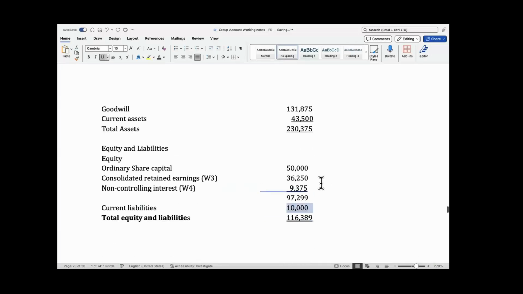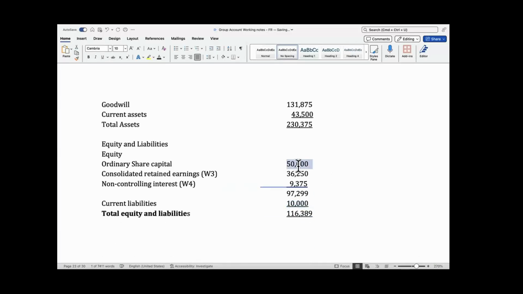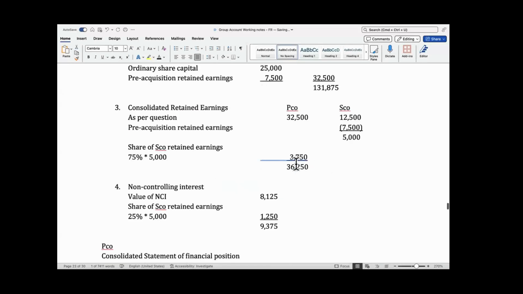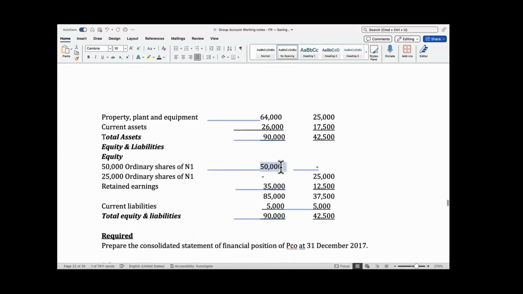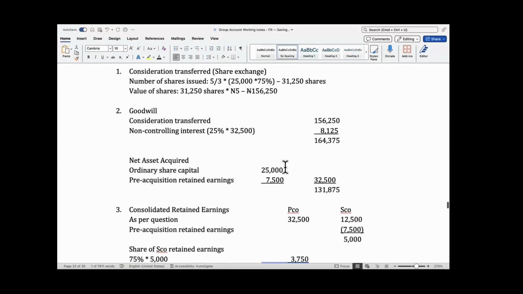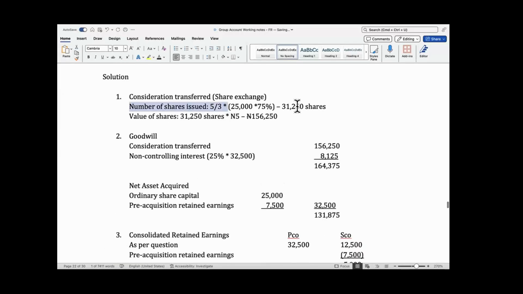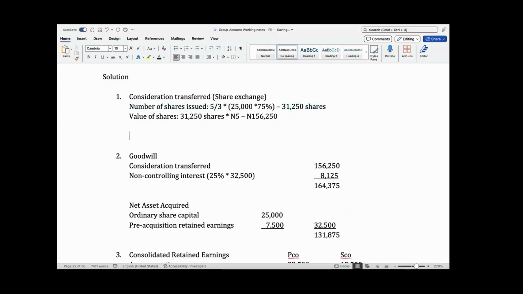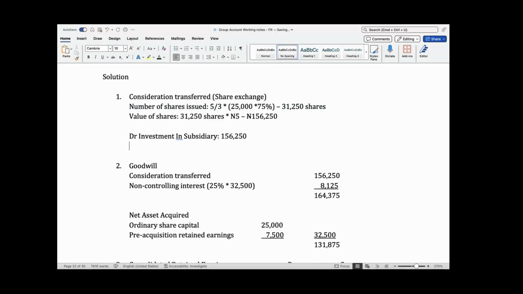Now, there's something that we have not treated, which is the share capital of the parents, which is this 50,000. You know that the parent issued shares, a share issue of 31,250. So he will debit investment in subsidiary, which is 156,250. Do you know why we credit share capital?